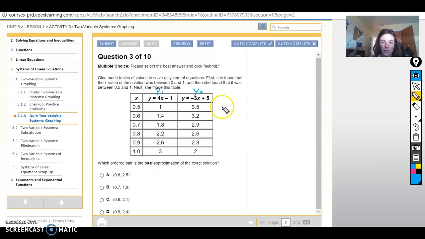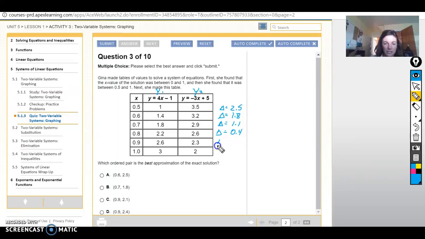For the first one, my delta, the difference, is 2.5, because 3.5 minus 1 is 2.5. For the second one, 3.2 minus 1.4 is 1.8. The third one is going to be 1.1. The fourth one is all the way down to 0.4, so we're getting close.